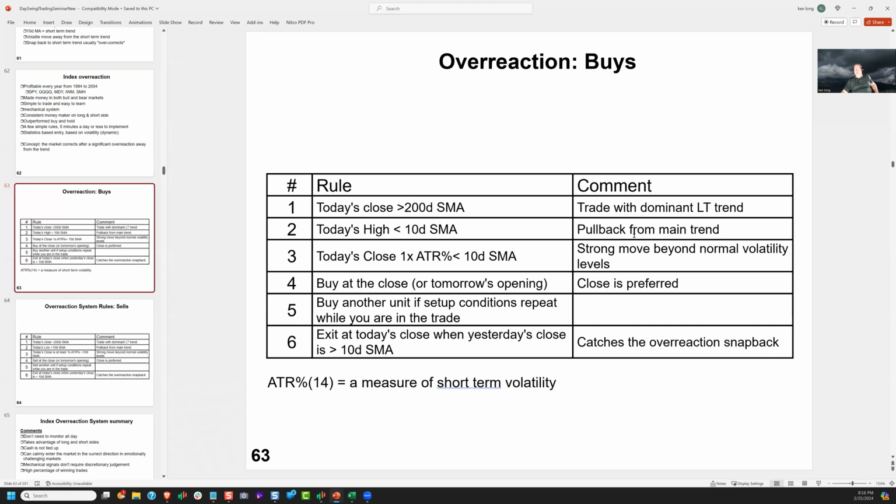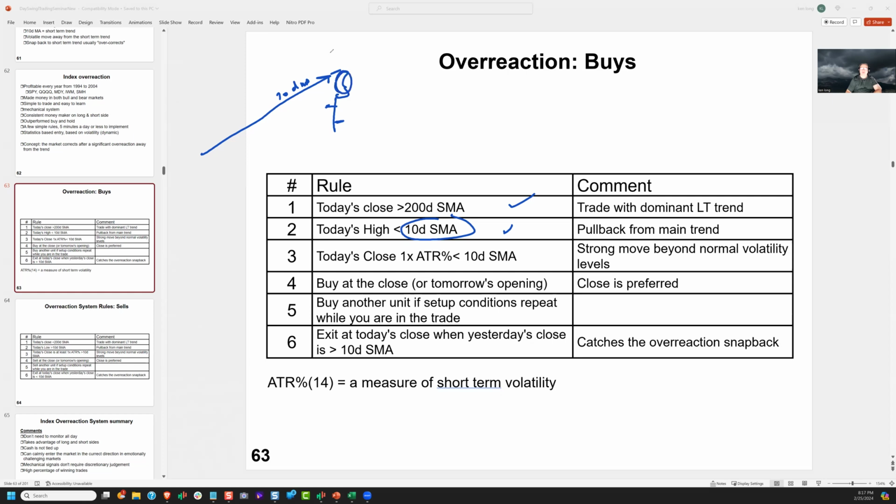The rule set, as I just said: today's close greater than the 200-day. Today's high was less than the 10-day moving average. So if the 10-day moving average was here, and then the gap down occurs and the sell-off occurs, and that's the daily bar, you can see that the daily high, all of the price action is on the wrong side of the 10-day moving average.